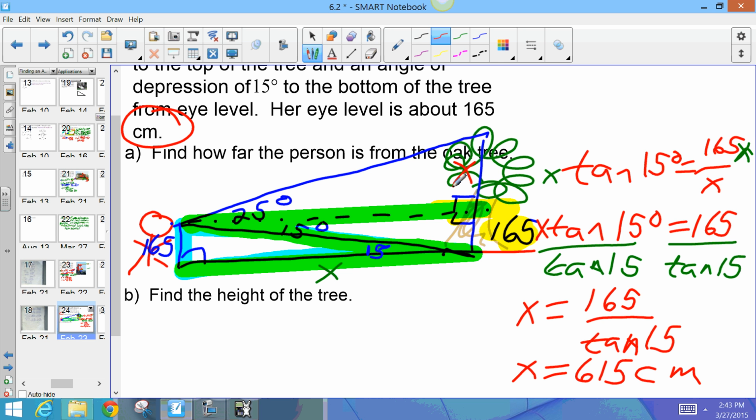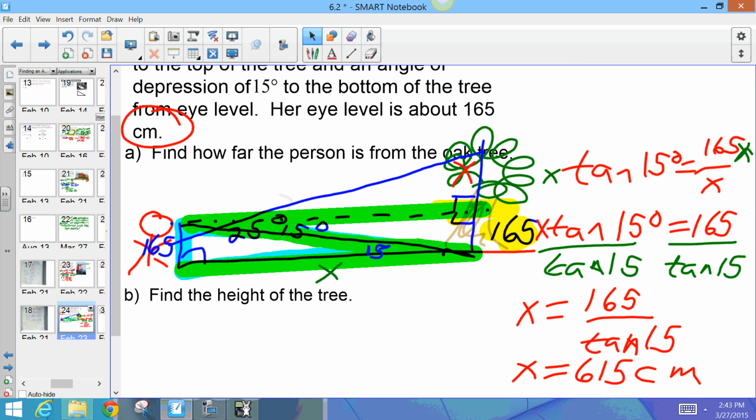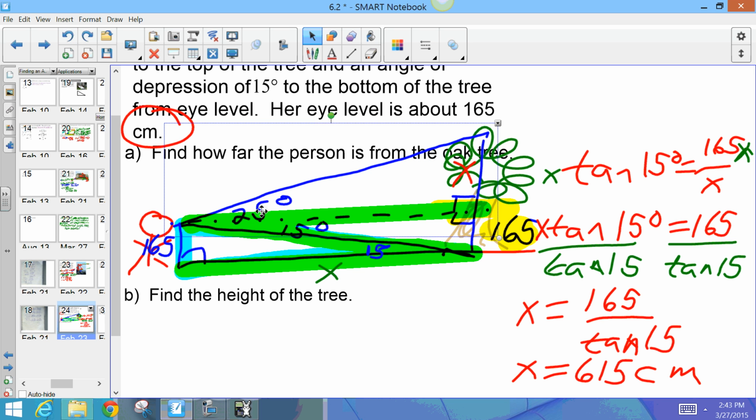If I add them together, I should get the tree. So I've got 25 degrees inside that upper right triangle.